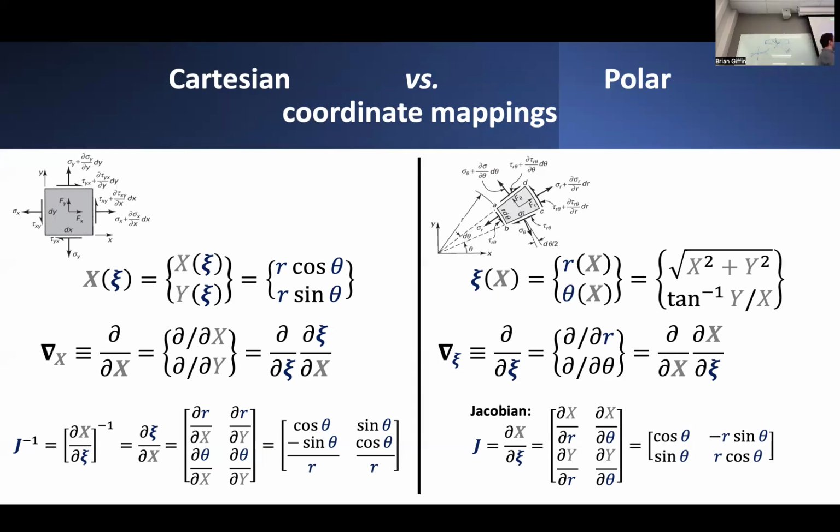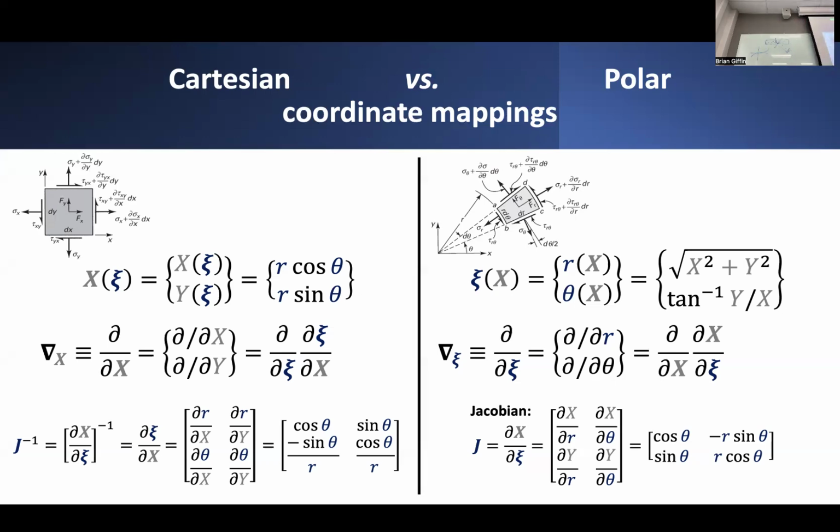Fairly simple. We could do the reverse. We could come up with an inverse mapping: given some values of x and y, figure out the corresponding values of r and theta in my polar coordinate frame. And I could come up with some equivalent inverse mapping that looks kind of like this. Now, I'm going to be a little bit funny and suppose that I can also lump these two coordinate parameters, r and theta, into a vector, much like I did for representing my coordinates as a vector, capital X, boldface.